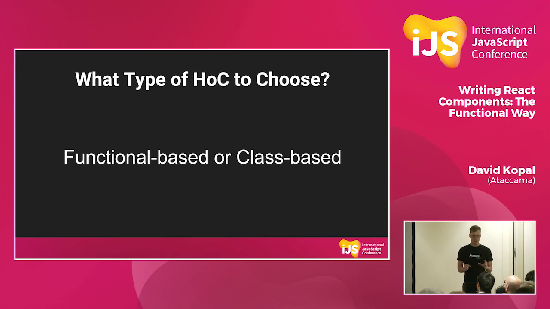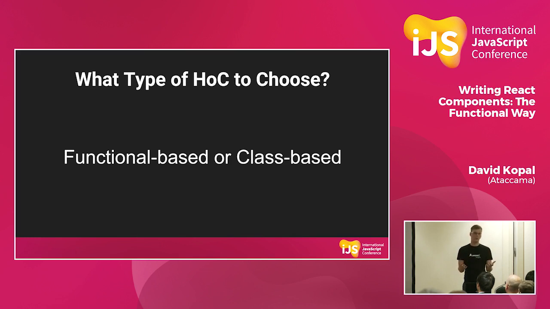Now, we know that we should be creating reusable, simple, higher order components. But let's take a look at when to decide to define it as a class-based component or as a functional component. Because we want to use principles of functional programming, we want most of our components to be functional.